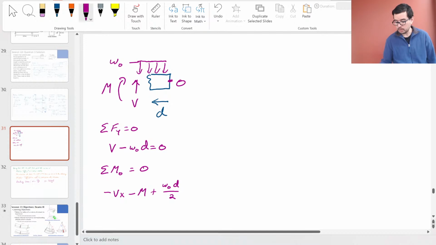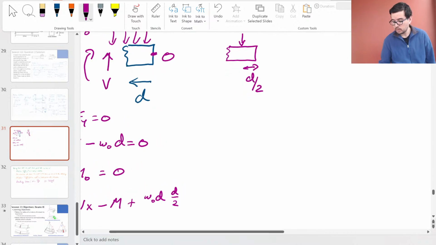Okay, let me put it this way. It's w naught D is the quantity, and then it's acting at a distance D over 2. Because this effective w naught D is acting halfway down the beam.